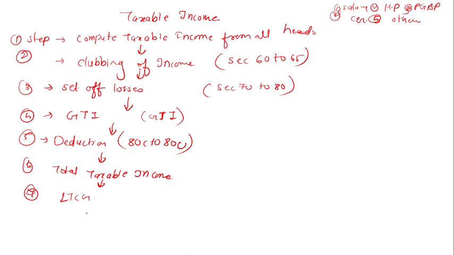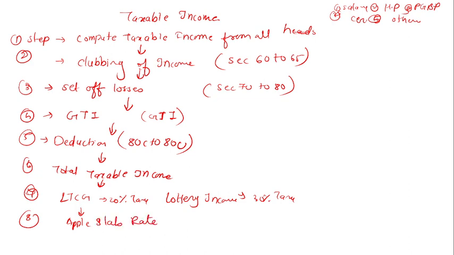For LTCG we pay 20% tax, or in case of lottery income we have to pay 30% tax. After that, in the next step, we apply the slab rate. So these are the steps. The remaining steps we will discuss in the further lecture.